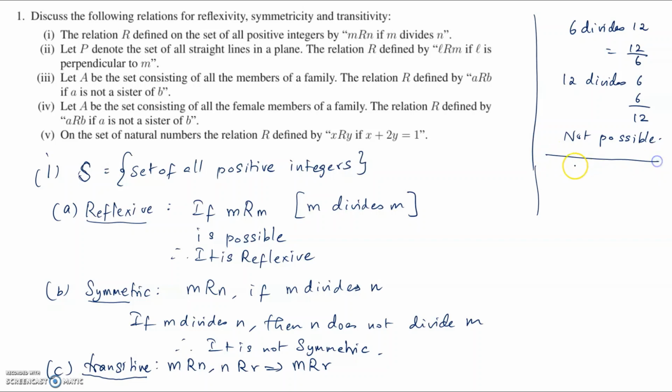Let's keep the same. 6 divides 12. 12 divides 24. This will imply that 6 divides 24. Therefore, it is transitive.